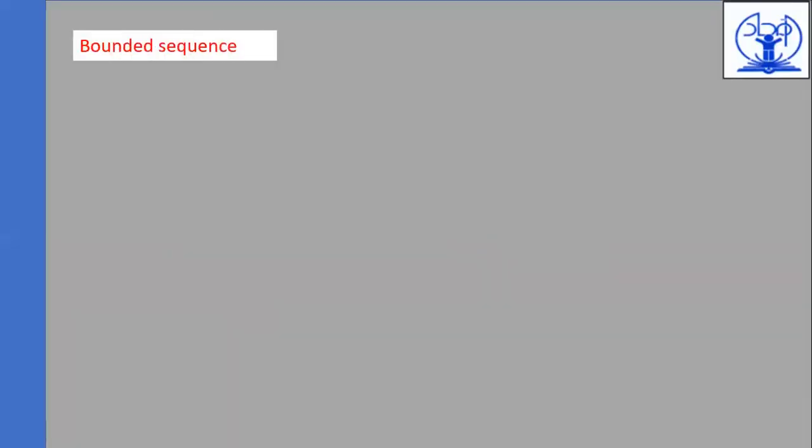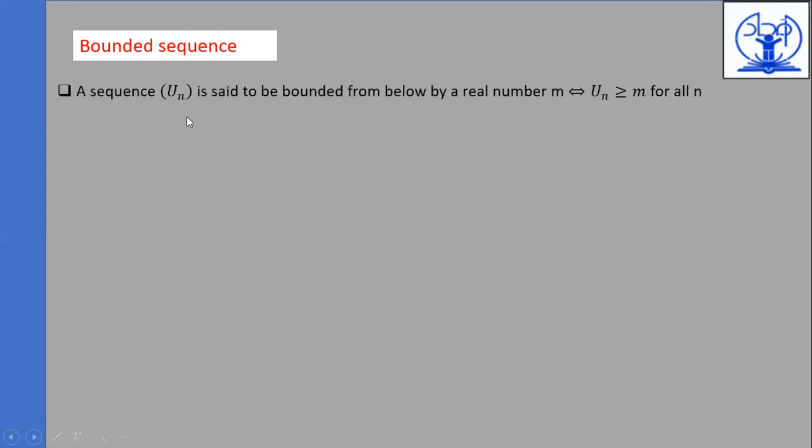Now, let me define formally what a bounded sequence is. A sequence un is said to be bounded from below by a real number m if all the terms are larger or equal to this small m.